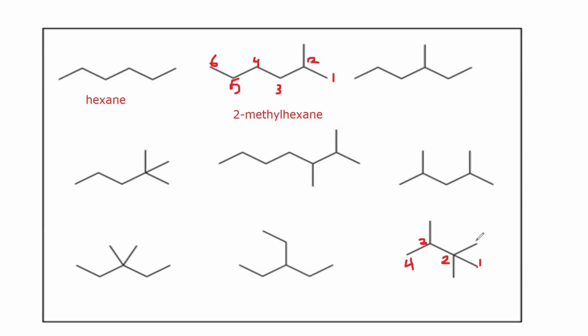We can number starting from this, but this is the same because our branch will be on carbon number 2. 1, 2, 3, 4. We still have 4 carbons, so this is the backbone. The backbone is butane. Why butane? Because it has 4 carbons and no unsaturated bond. This is the second half of the compound.